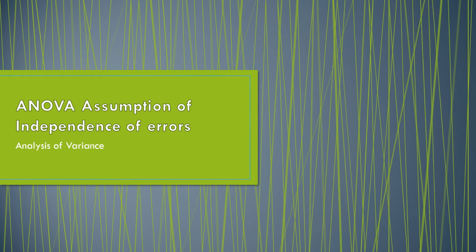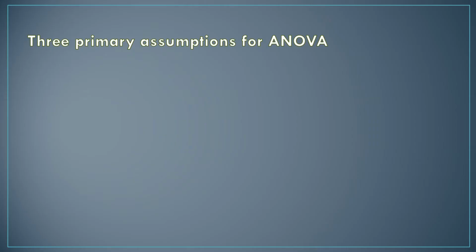This video will give you more information on the ANOVA assumption of independence of errors. There are three primary ANOVA assumptions, and all of them are in relation to error, where error is determined by comparing the expected value to the observed value.